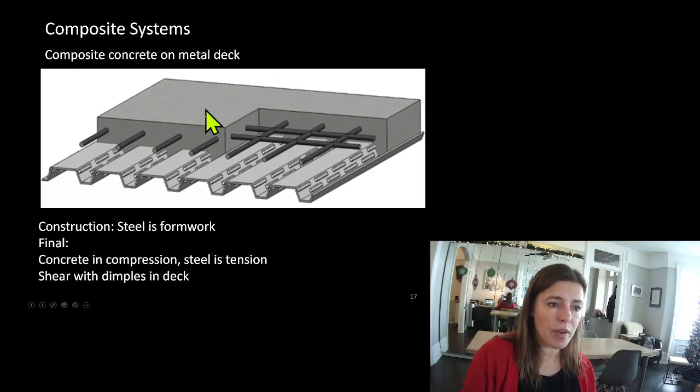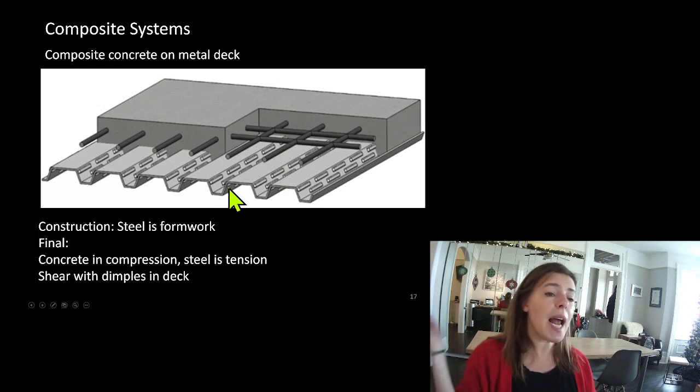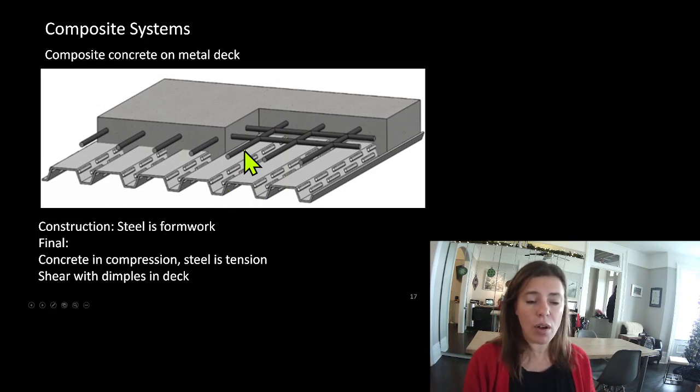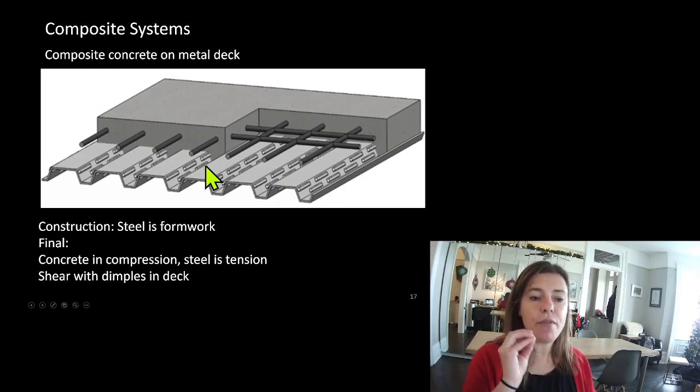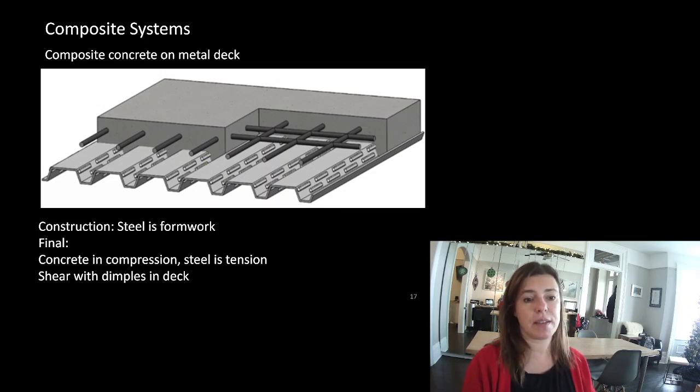This one's extra fantastic because concrete needs formwork, and we might as well use the metal that we have as our formwork and just leave it in place and let it do work for us. So these two things acting compositely make a very, very effective system.